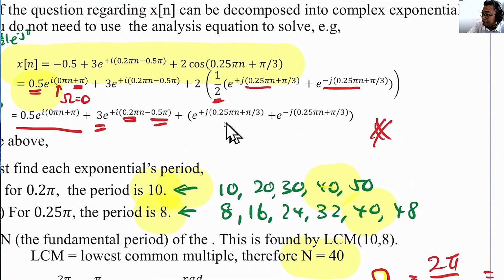And the last one, both the magnitude is 1. The frequency is at 0.25 pi. The frequency is at minus 0.25 pi. The associated phase shift is plus pi over 3. This guy, the associated phase shift is minus pi over 3.